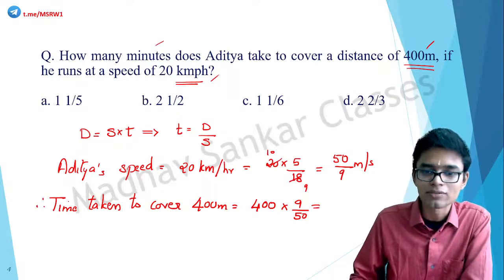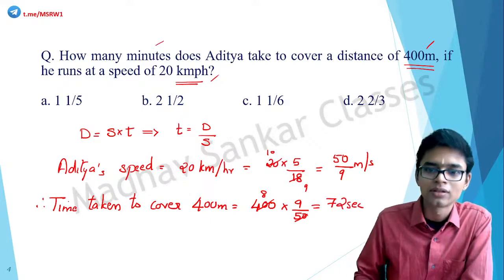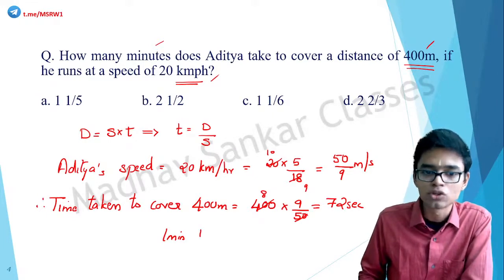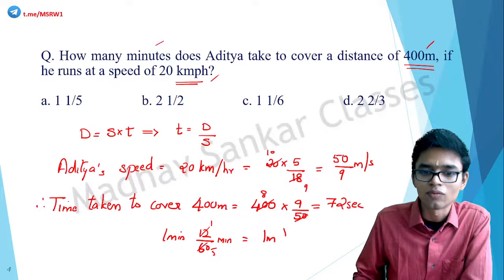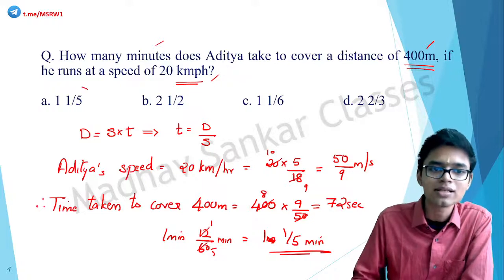Okay, so this is equal to 72 seconds. So what does this mean? 72 seconds means 1 minute and how many seconds remaining? 12. So 12 by 60 minutes, which is 1 by 5 minutes. So together, 1 and 1 by 5 minutes. Answer is option A.